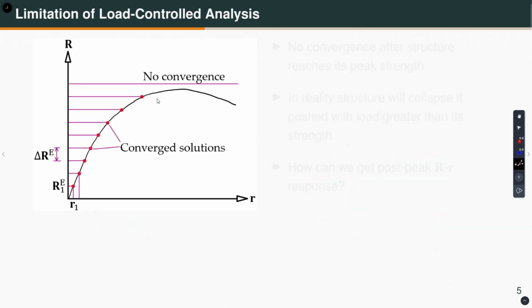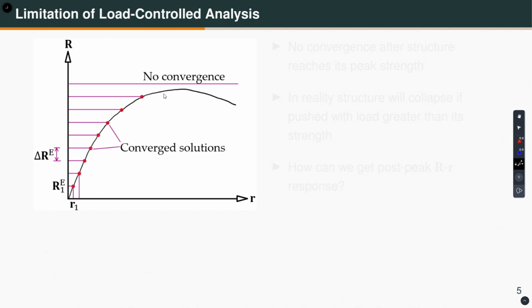So, let us say we keep on applying this small load increment, okay, and when I go up to this point, no problem, I can do Newton-Raphson or modified Newton-Raphson iteration, determine the internal forces, and the structure will be in equilibrium, no problem, right. Now, after this point, or let us say you also apply another increment which corresponds to the peak value, okay. After this point, if you apply more load, if you apply another increment, what will happen?